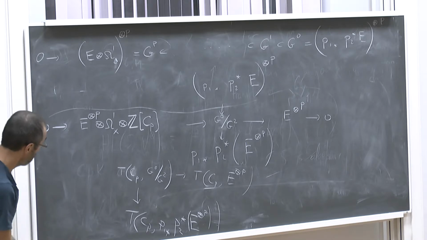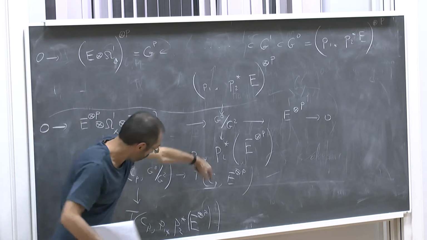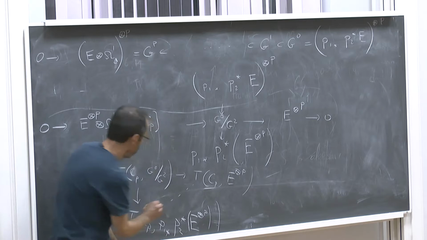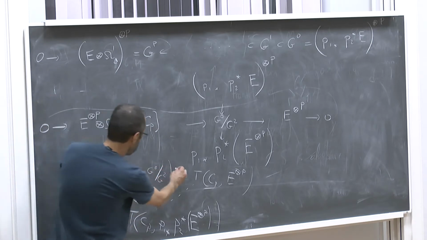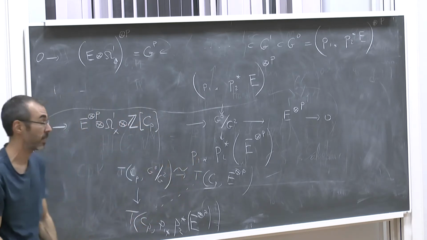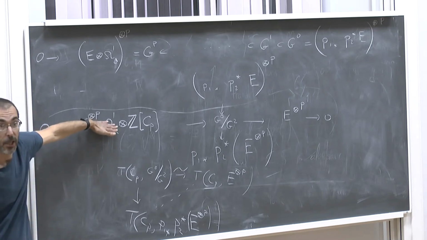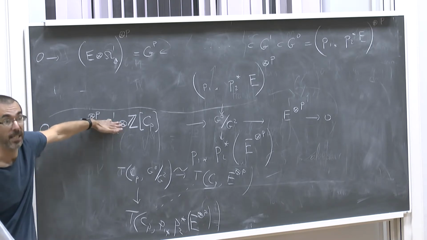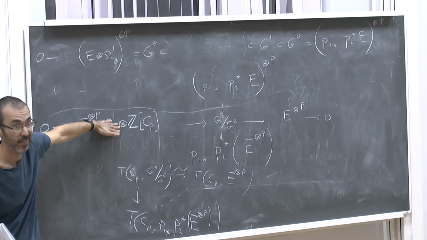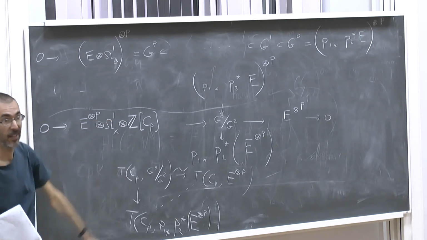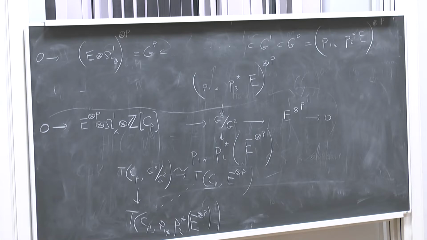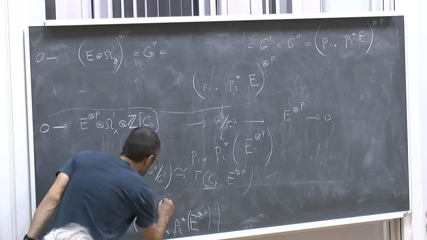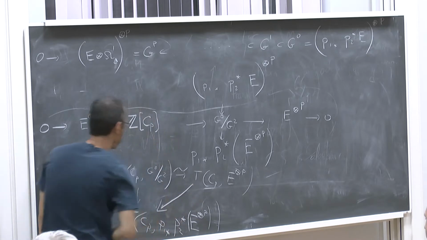So our goal is to reduce this arrow, but in fact this map is a quasi-isomorphism because this representation is free. Therefore, its Tate cohomology vanishes. That's the key point of this. Okay? And that's the connection.